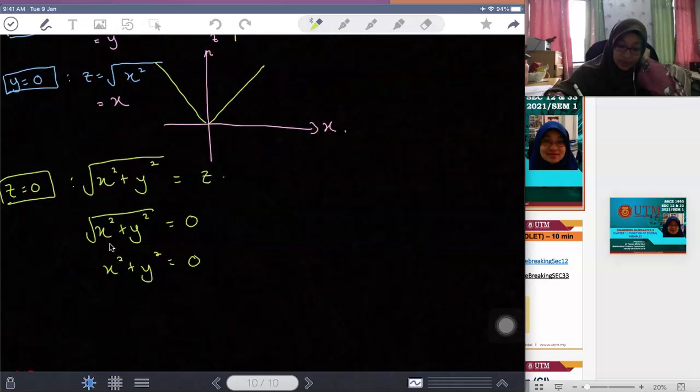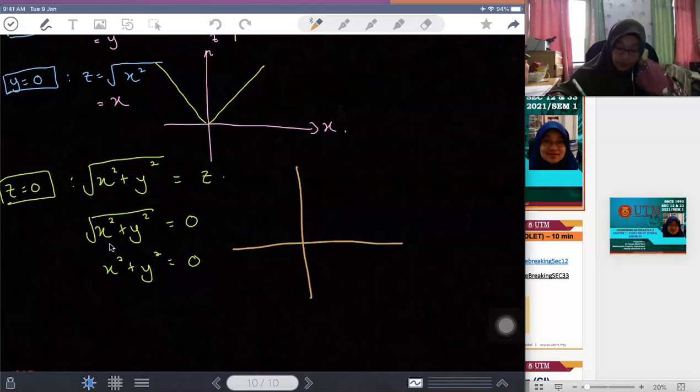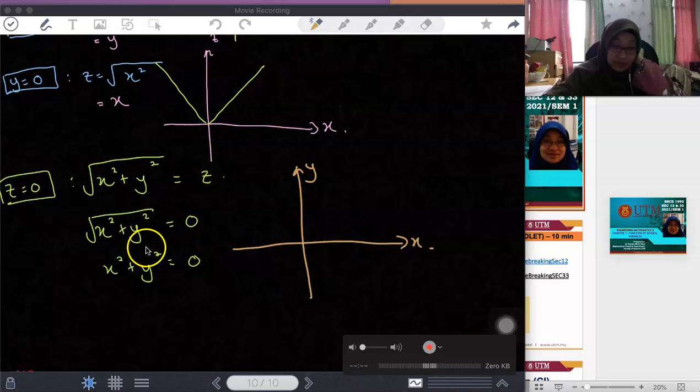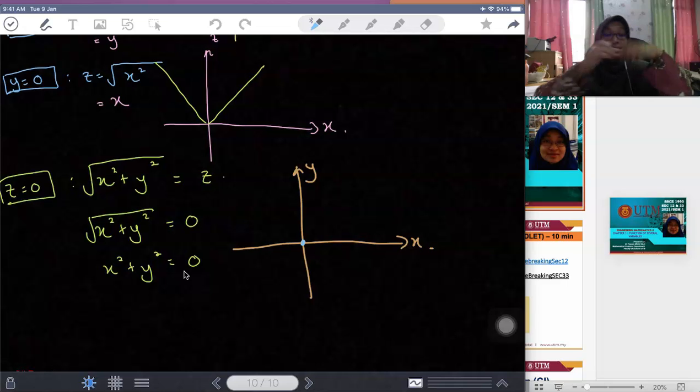So you sketch the line on the XY plane. Just like the parabola just now, you have a circle centered at the origin with no radius. So you can see that we have only a single dot again. Again we have no idea what is actually the shape that you can see from above, from the Z axis.